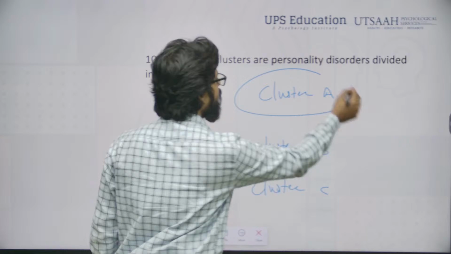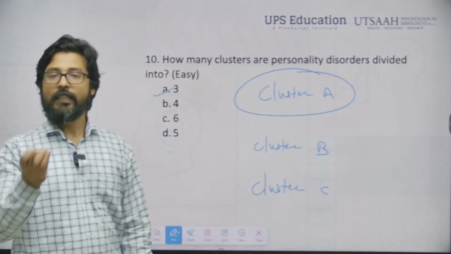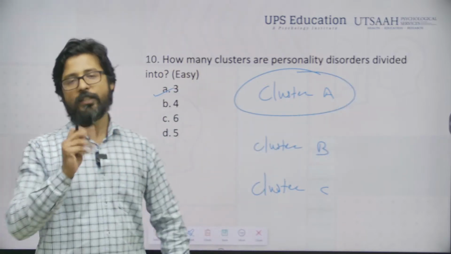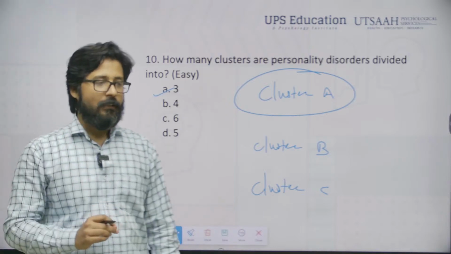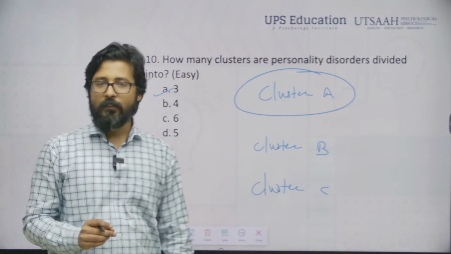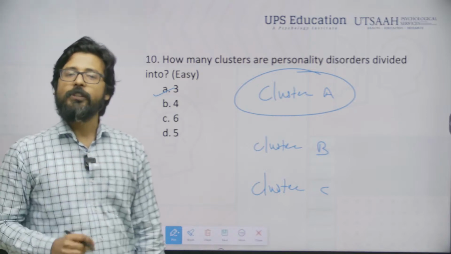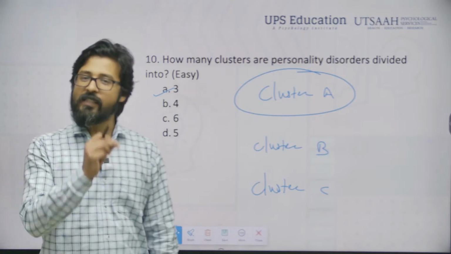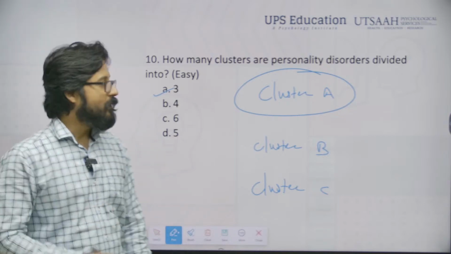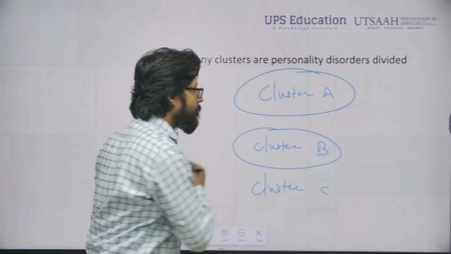Cluster B is based on dramatic, emotional or erratic behavior, like borderline personality disorder and narcissistic personality disorder, and that will be part of cluster B.